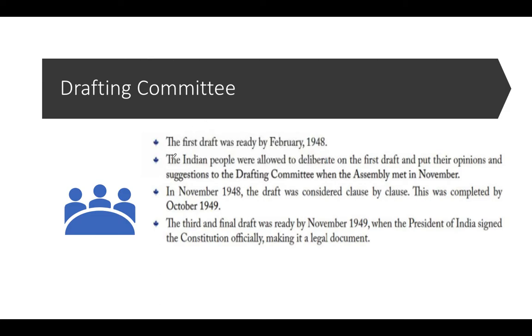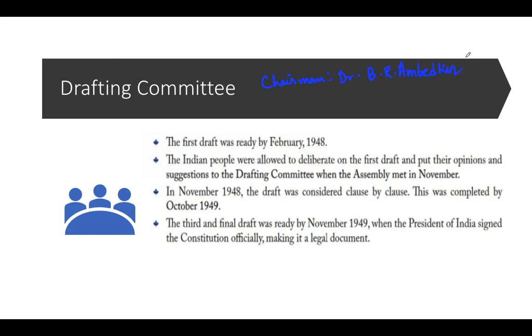They bundled up all the laws we know in a law book, which is called the constitution. The chairman of the drafting committee was Dr. B.R. Ambedkar. So who was the chairman? Dr. B.R. Ambedkar.